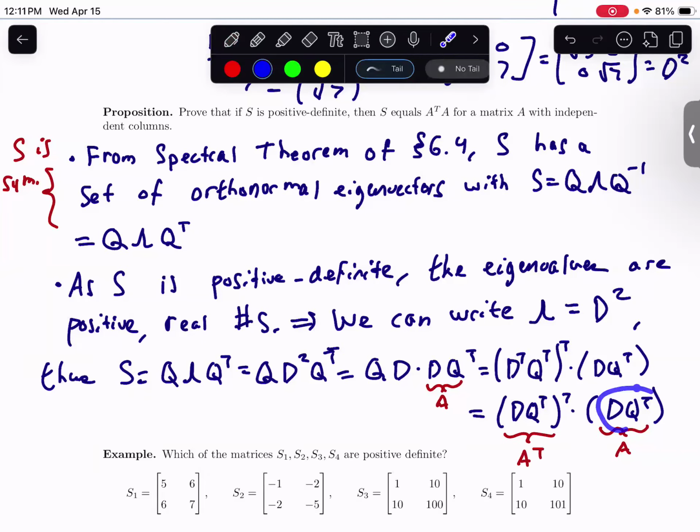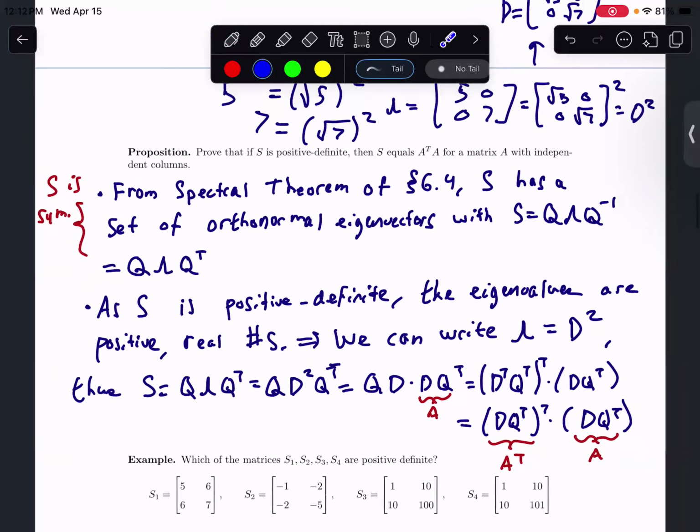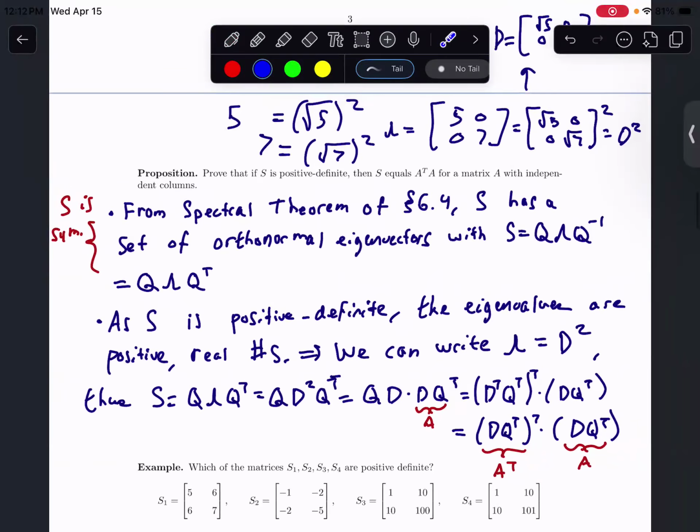So if A is equal to D Q transpose, we have D Q transposed here, and then we have the transpose of that. So it's a dumb way of writing things, but it allows you to think about S as being written in terms of A transpose times A. It looks dumb here, but it'll be useful in the future.